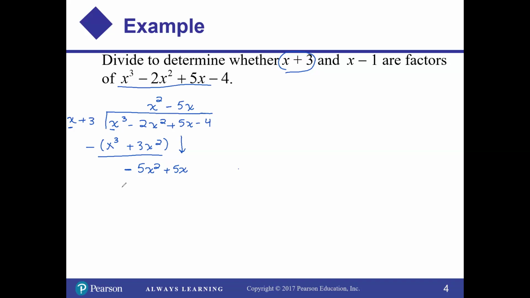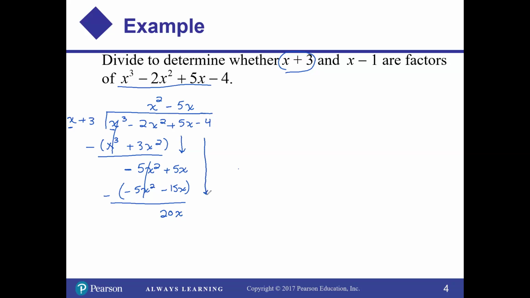So negative 5x times x will be negative 5x squared. Negative 5 times 3 will be a negative 15x. And once again, remember, we're subtracting that. So like I said, we cancel these out, then we cancel these out. So I have 5x minus negative 15x, so 5x plus 15x.